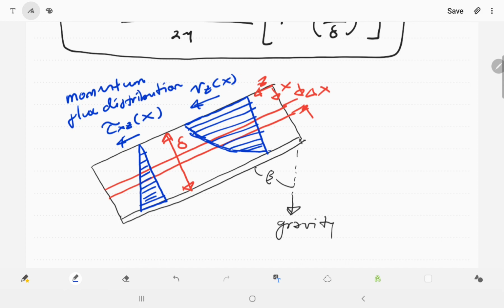This in here is called the velocity distribution. Okay, I'll stop the video in here, and we'll be moving to the next video to derive other quantities of interest.